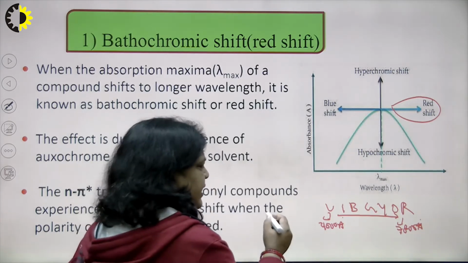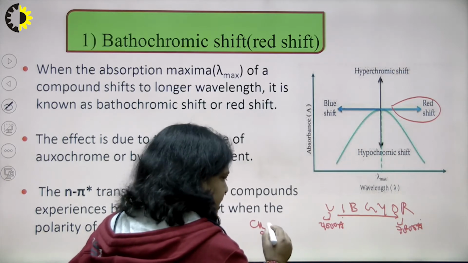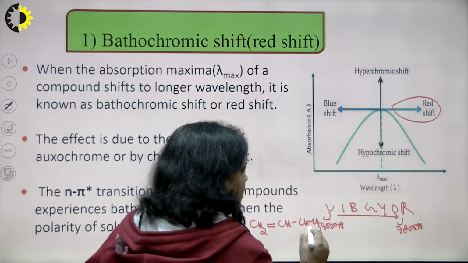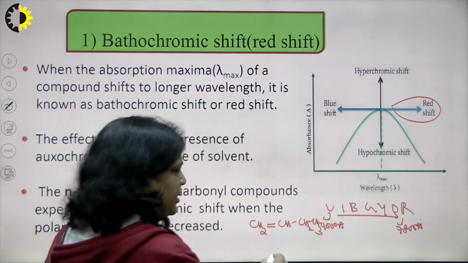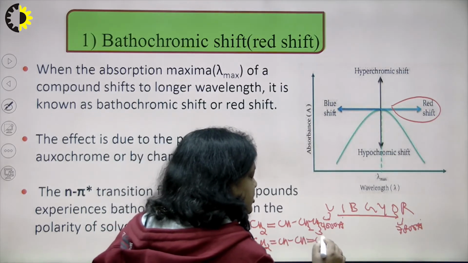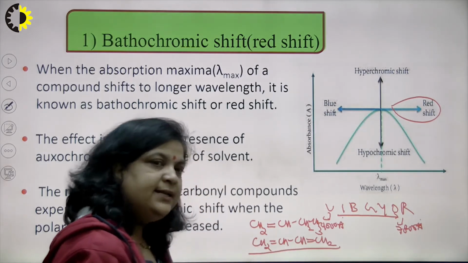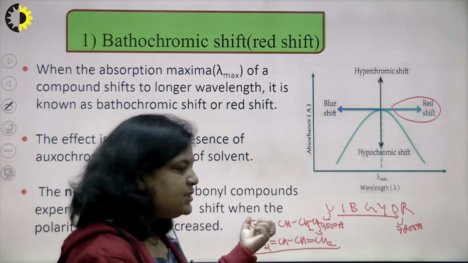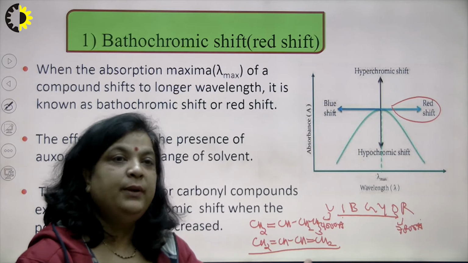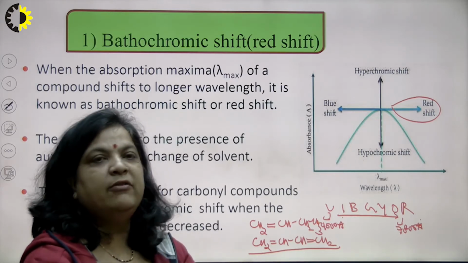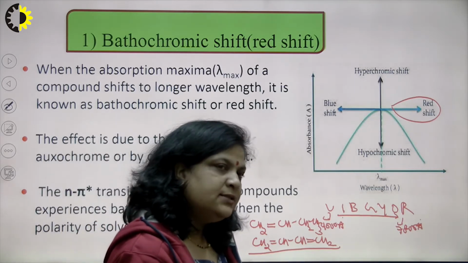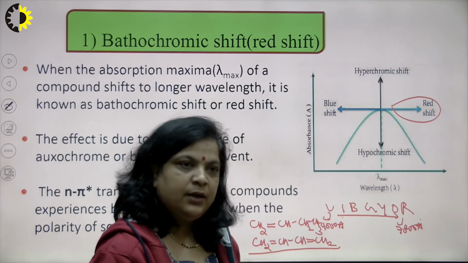Suppose CH3 single bond CH2 CH3, and another example is CH2 double bond CH single bond CH double bond CH2. In the second case there is conjugation, while in the first case there is no conjugation. Conjugation means easier transition, so energy will be less, and less energy means its lambda will be high. So, remember this point: more conjugation means shifting towards higher value of lambda.